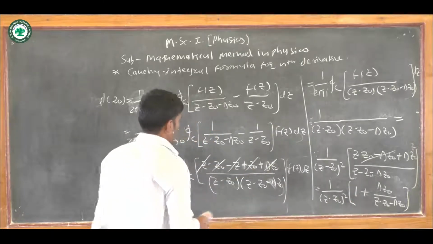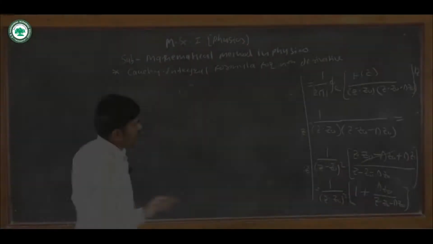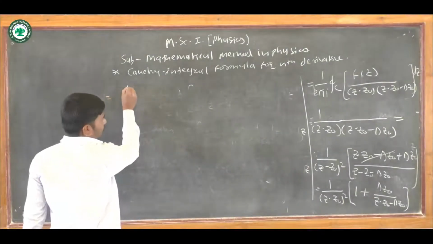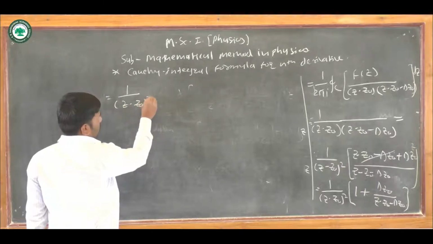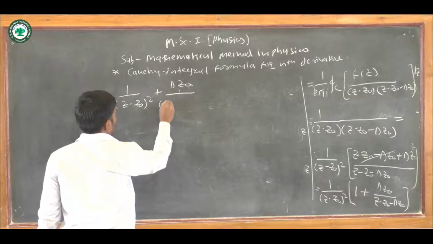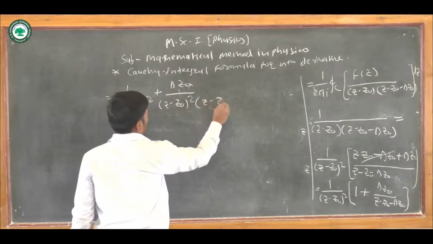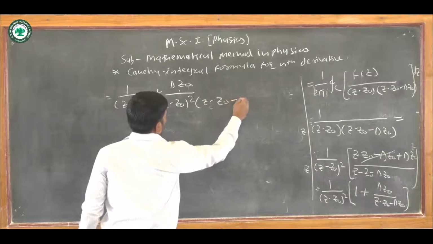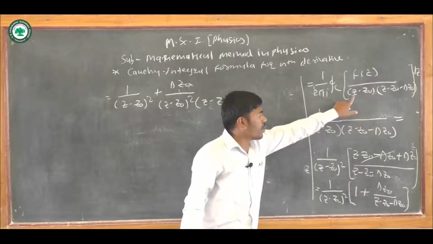So if I write, it is equal to 1 by z minus z naught whole square plus del z naught divided by z minus z naught whole square into z minus z naught del z naught. Okay, this is the expression for only this denominator.